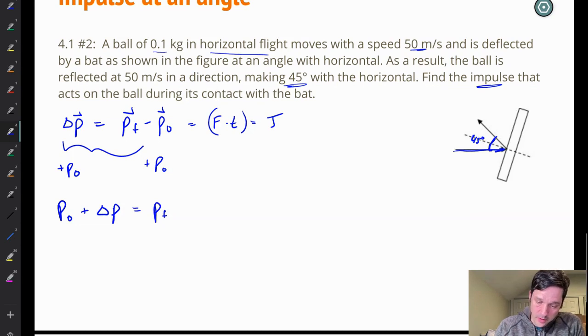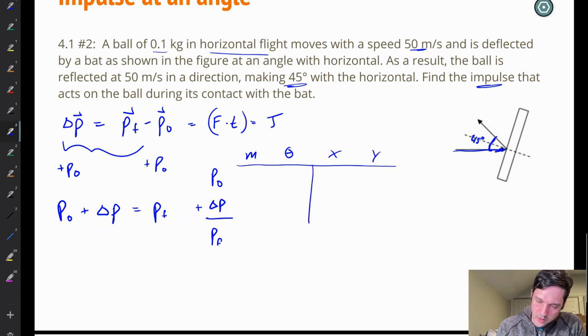So what I'm going to do is I'm going to set this up. Momentum original, change in momentum, final momentum. Add those together. Oh, this is starting to look like something we've seen before. I can break each of these into its magnitude and angle, and in doing so, I will find its x and y components.